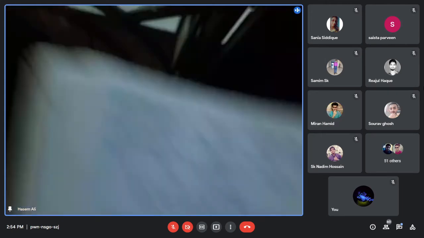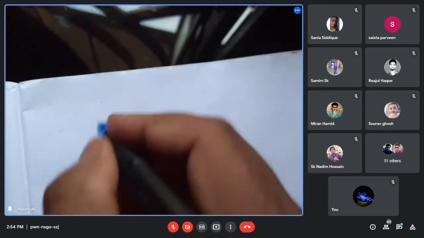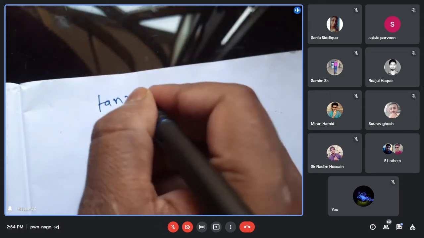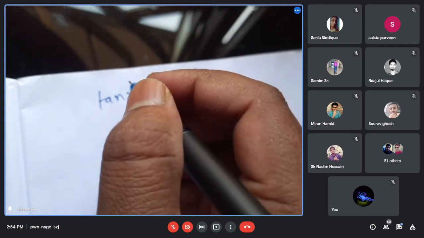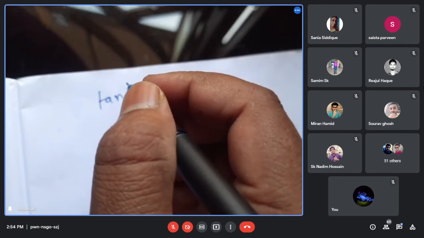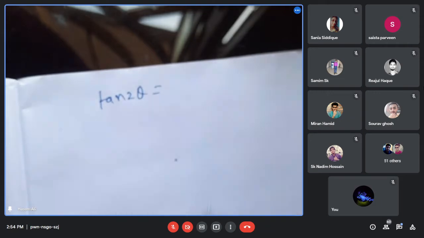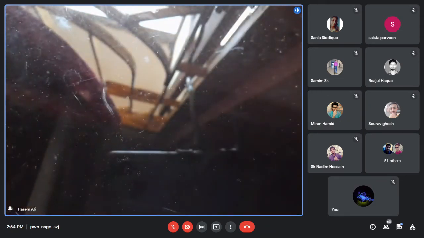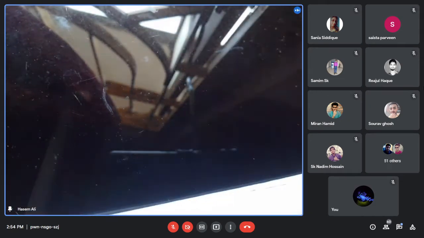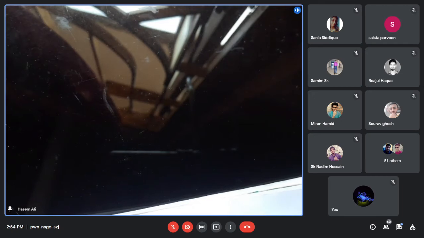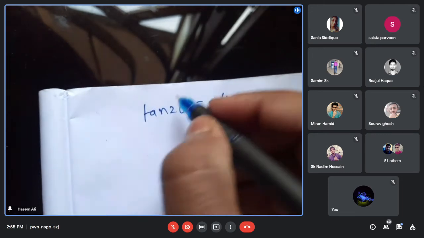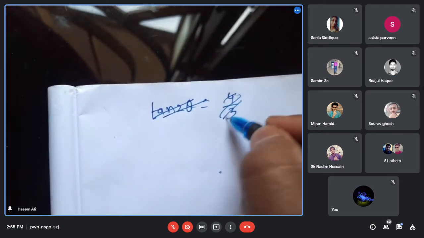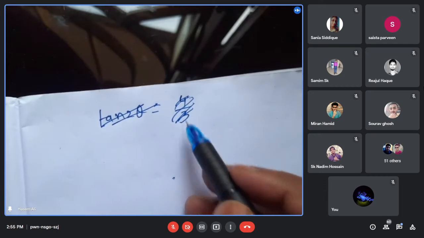That means tan 2 theta equals to 4 by 3. But we don't need the value of tan 2 theta.